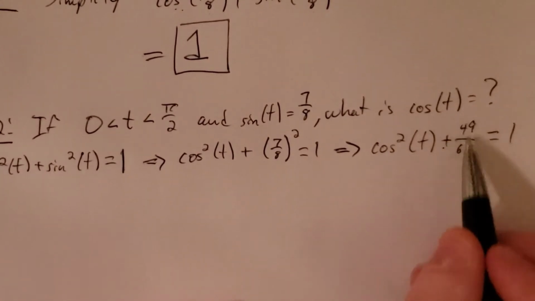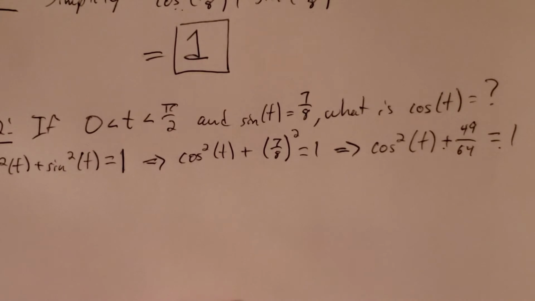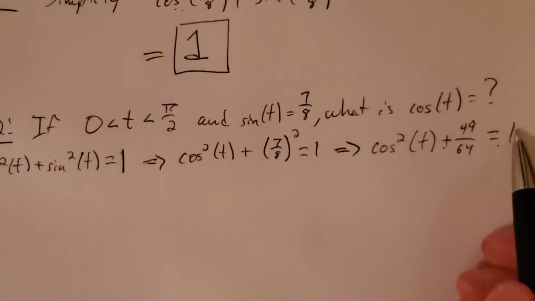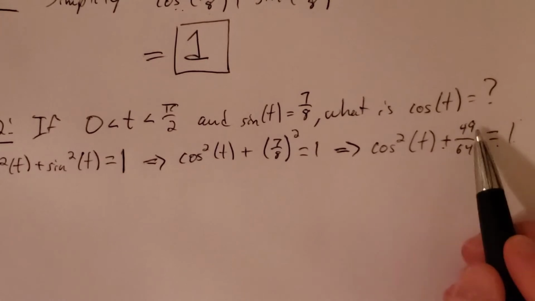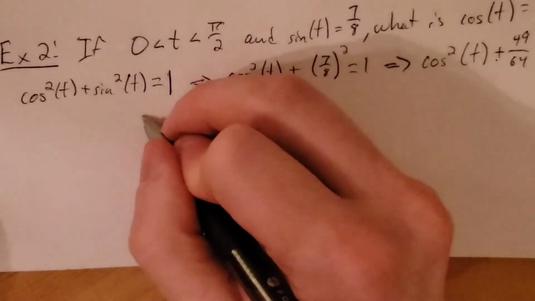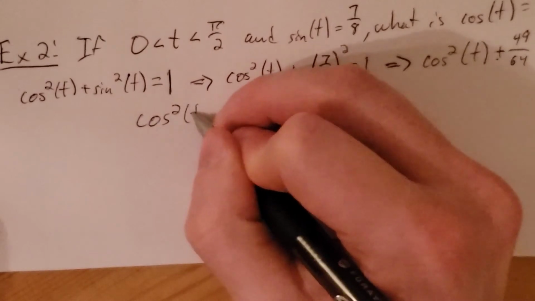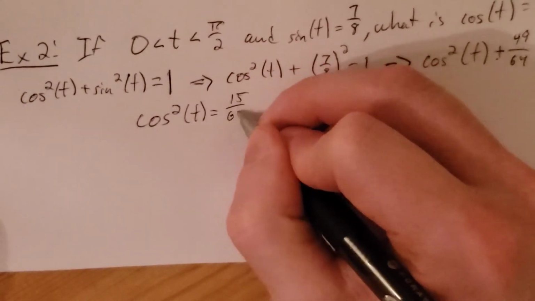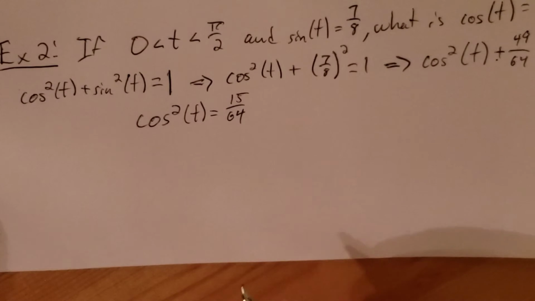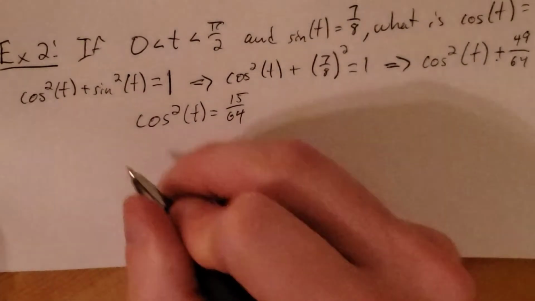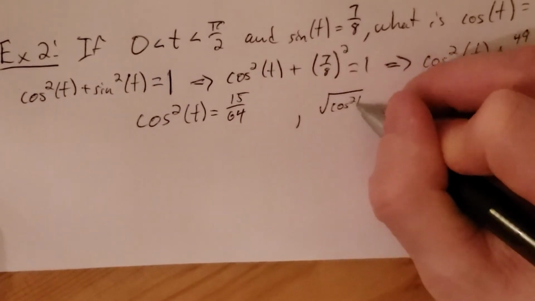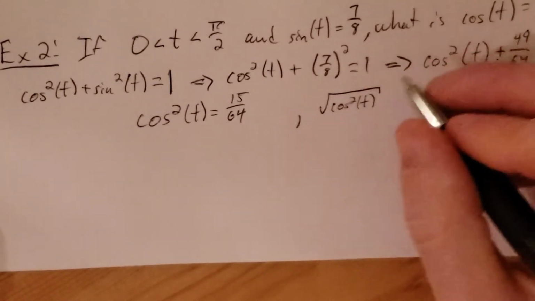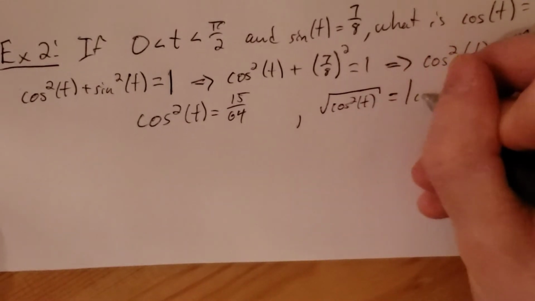So cosine squared of t plus 49/64 is equal to 1. If we subtract 49/64 on both sides, this 1 would be 64 over 64, so 1 minus 49/64 is 15/64. So cosine squared of t is equal to 15/64. If we take the square root of both sides, recall that the square root of a square is just the absolute value of that thing.